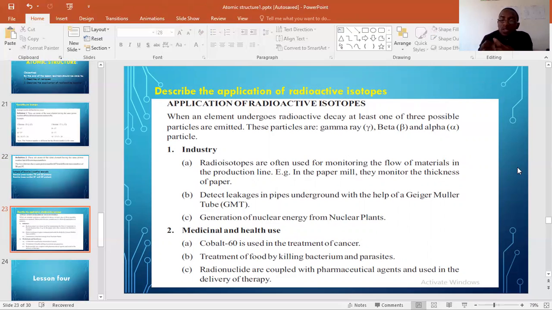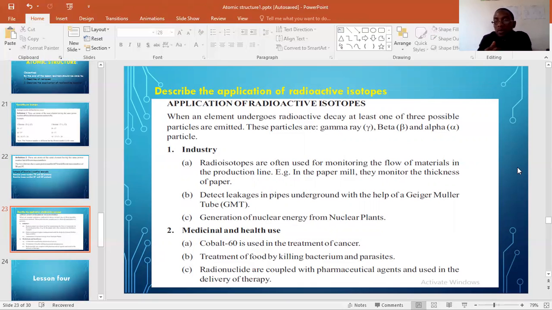So these particles are now widely applied in the different industries. Radioactive isotopes are often used for monitoring the flow of materials in the production line. Sometimes, like in that example, we're talking about the paper mill.